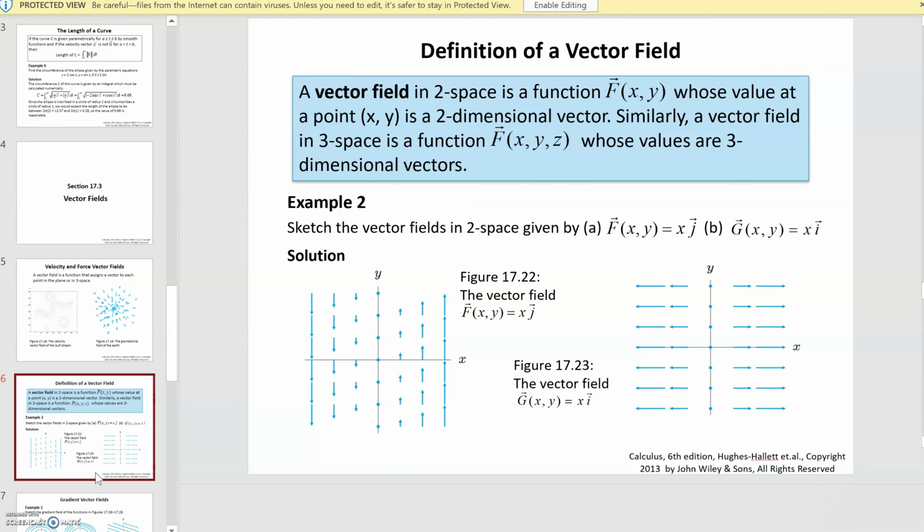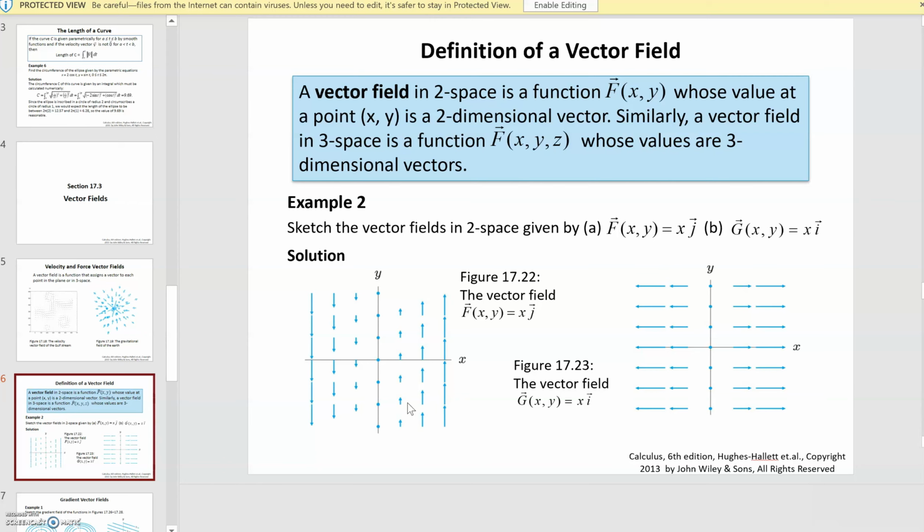But notice also, even on the positive side, looking at figure 17.22, the first column of arrows is smaller, and then we go to the second one. Let's say this is 2j. Here it's getting a little bit longer. Oh, 3, going even bigger, right? So the bigger the absolute value of the number, the longer the vectors you're going to get.